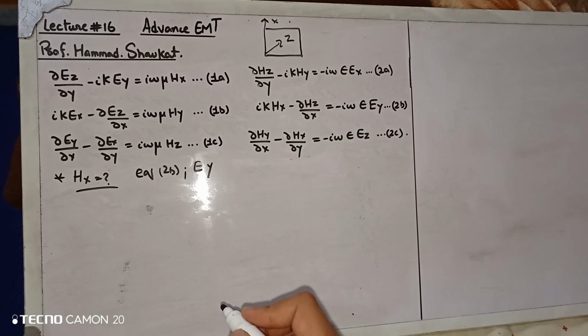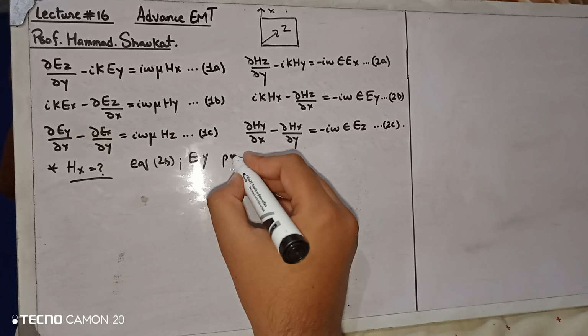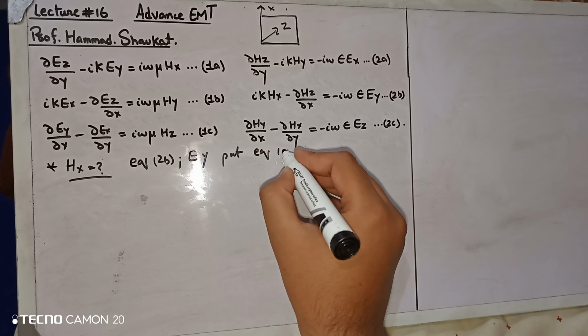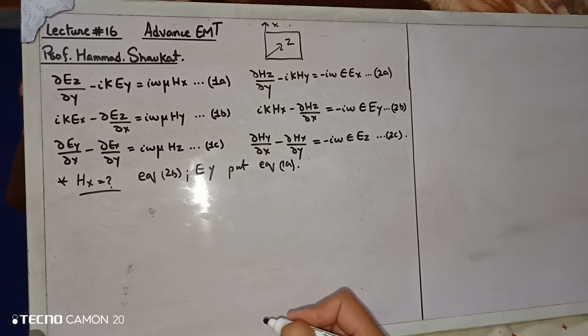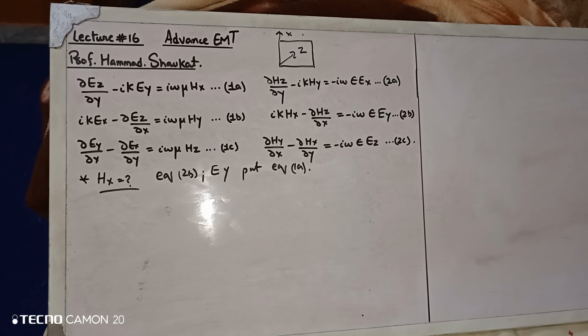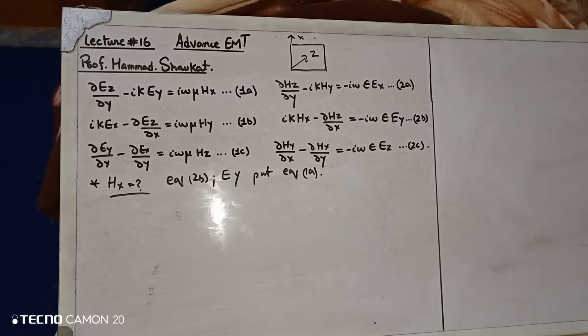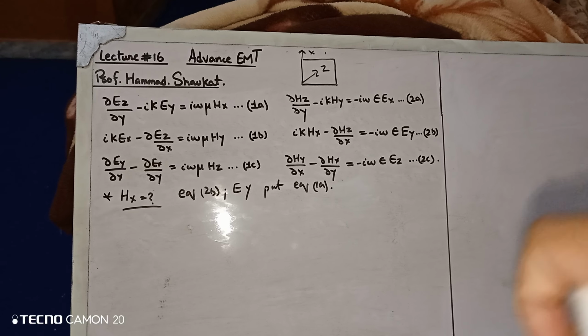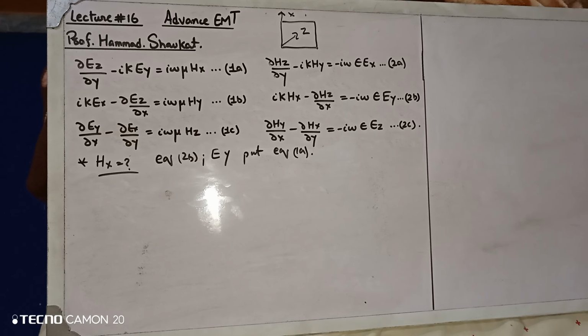After finding Ey, we have to put that Ey in equation 1a. So once you put the value of Ey, found from equation 2b, in equation 1a, you can easily find the value of Hx.